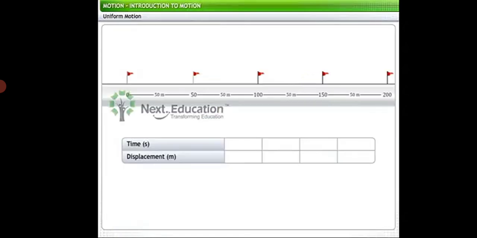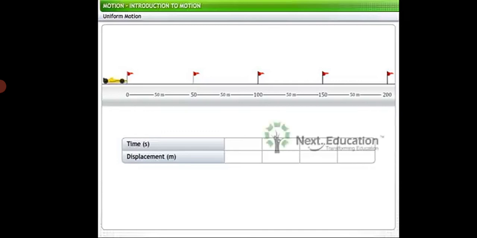When an object is in motion, its motion may be consistent all through its journey until it comes to rest again. Let us observe the yellow car in the race. What do we see? The car moves 50 meters every second continuously.